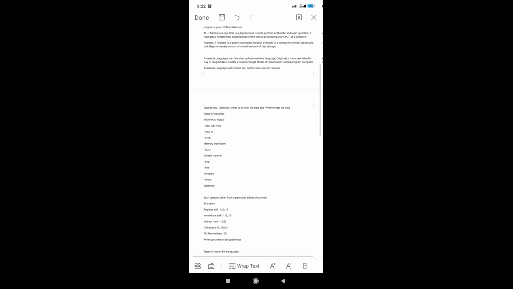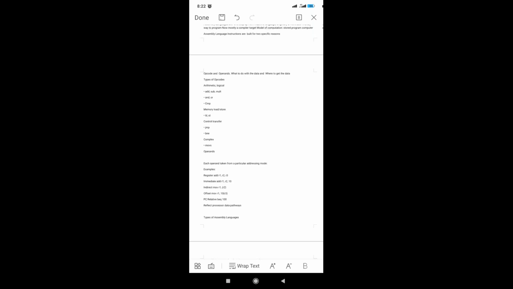OP code stands for operation code, and it means what to do with the data. Operand means where to get the data.